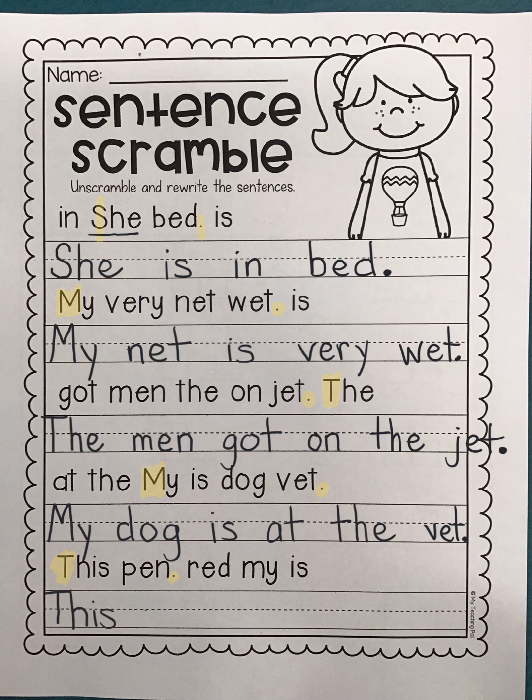Finger space, is. Finger space, my. That Y is making an I sound. My. Finger space, red. Red. Finger space, pen. Pen. With a period to end. Way to go. You did great.